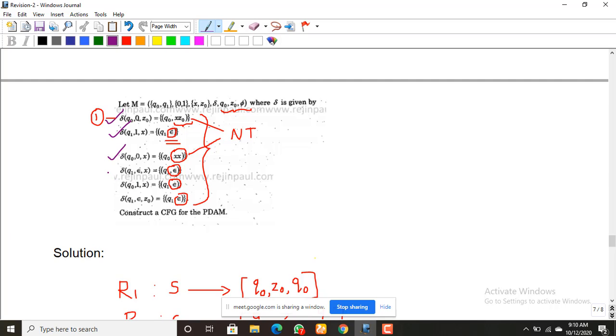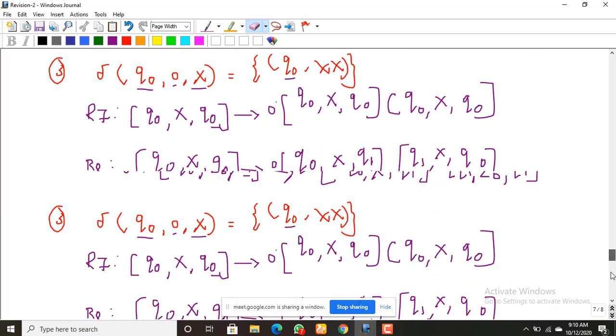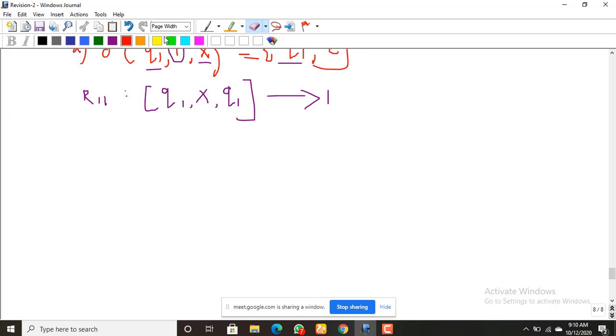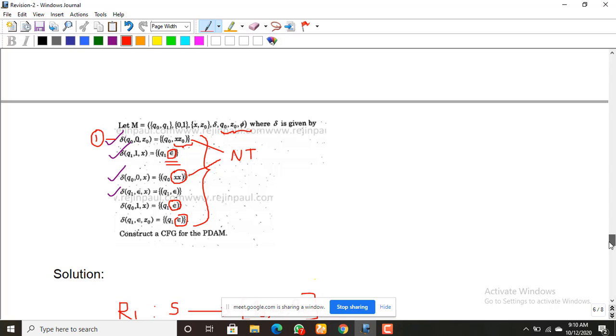So I will take ID number 4, Q1 epsilon x, which is equal to Q1 epsilon. Delta of Q1 epsilon x is equal to Q1 epsilon.